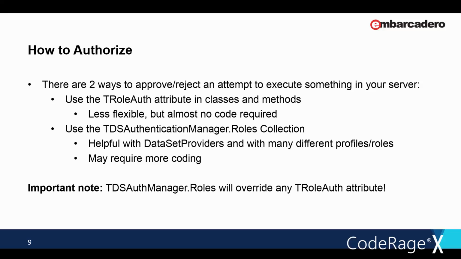And also, the Authentication Manager component has a collection called Roles where you can specify which methods or classes are allowed or denied to use your server. One important thing to note is that the TDSAuthenticationManager roles collection will override any TRoleAuth attribute that's in your code.